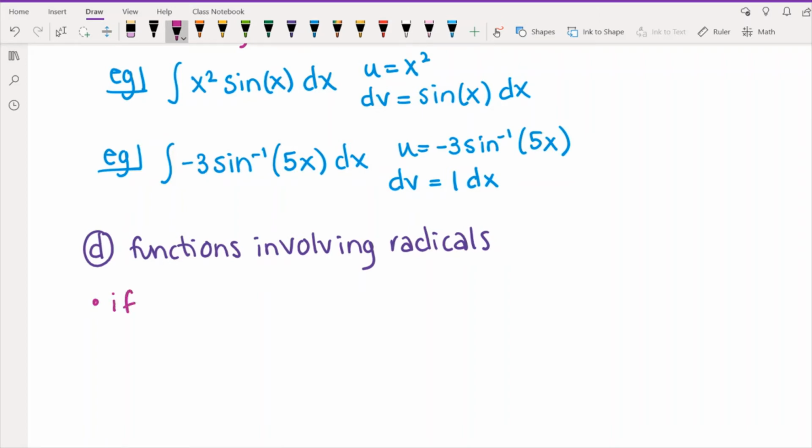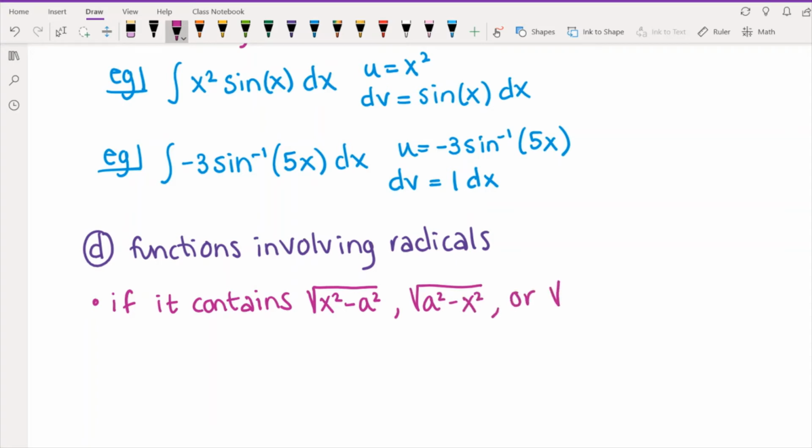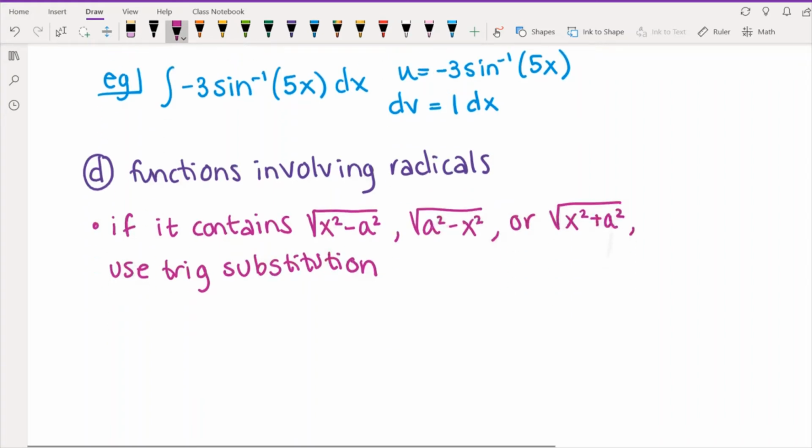If you have a function that contains one of the following expressions, the square root of x squared minus a squared, the square root of a squared minus x squared, or the square root of x squared plus a squared, those are situations where you want to use trigonometric substitution. We talked in some earlier videos about how you know which substitution to use in which case.